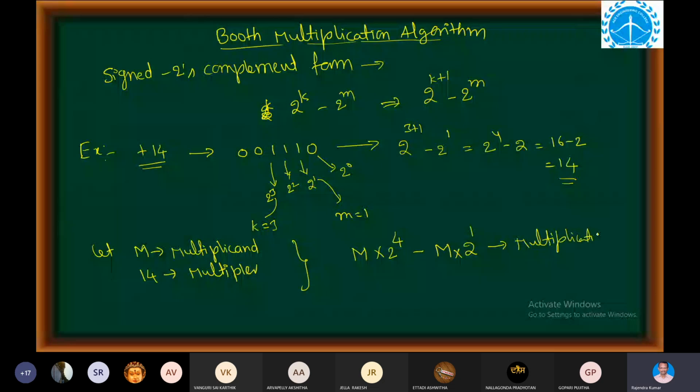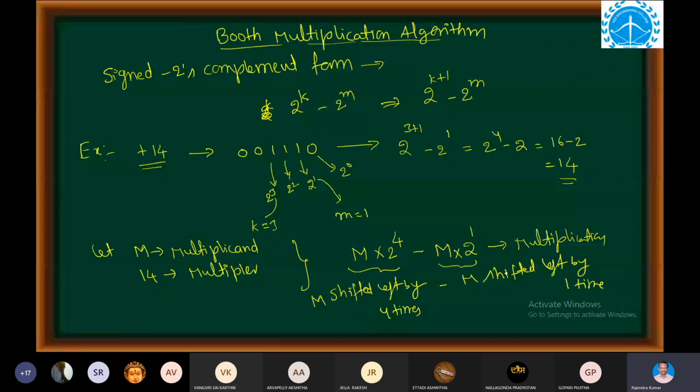See what it stands for. m into 2 power 4 is nothing but the multiplicand m shifted left by 4 times, which is m, minus m shifted left by 1 time.